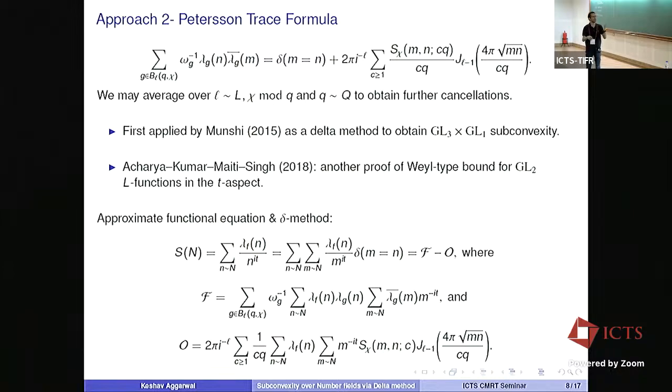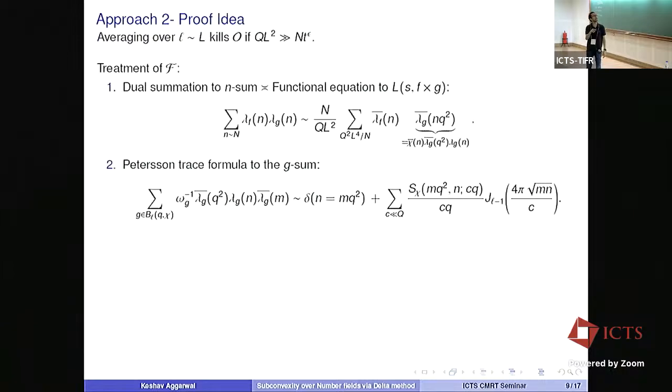So you can get a bound like t to the negative 10 million out of this, as long as the parameters satisfy certain bounds. So this parameter q is the level of the family that you're taking in the Petersson trace formula. This L are the weights, and this n is t to the d over here, where t is the t aspect and d is the degree. So as long as you choose this, you're able to do that.